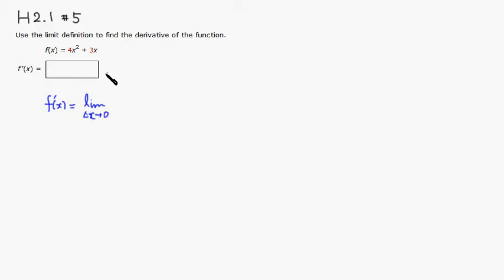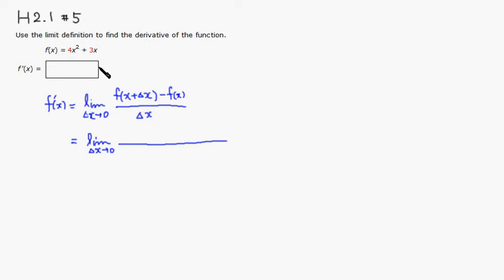Then you have f of x plus delta x minus f of x all over delta x, right? So that's just the definition. So let's follow this. We still have the limit as delta x approaches 0, right?